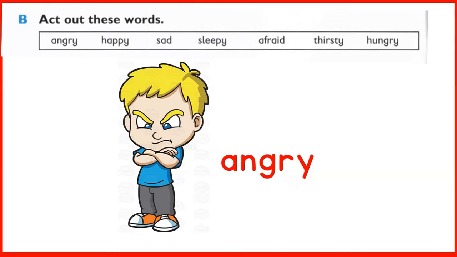Very good activity. Act out these words: angry, happy, sad, sleepy, afraid, thirsty, hungry. Angry. What is angry? When you get angry, you are very frustrated. You are very nervous.